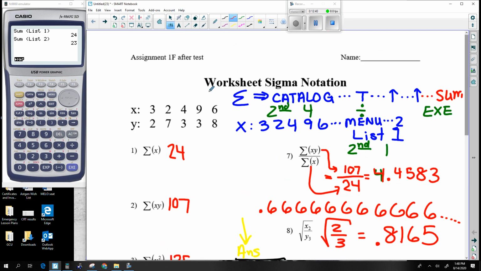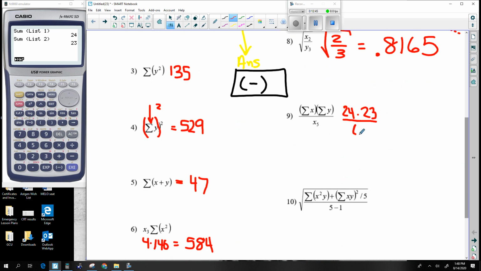So 1, 2, 3, 4, 5. It's the number 6 right there. That's the 5th number of x. So 24 times 23 divide by 6.